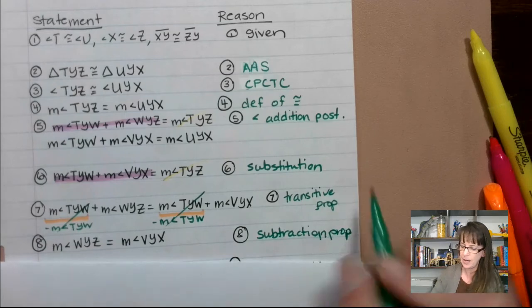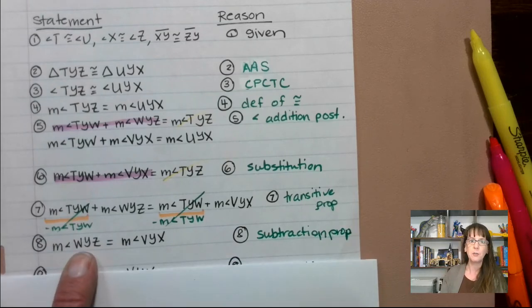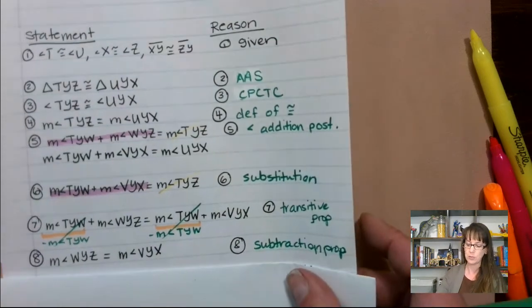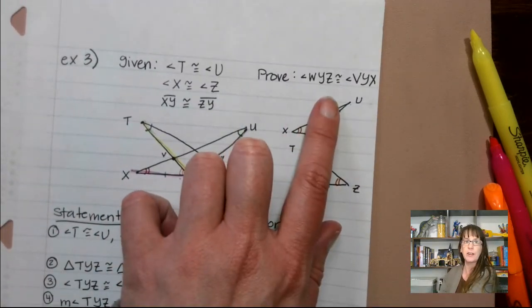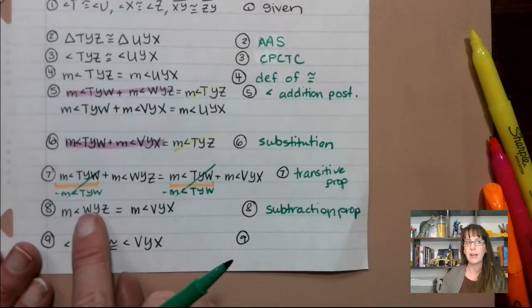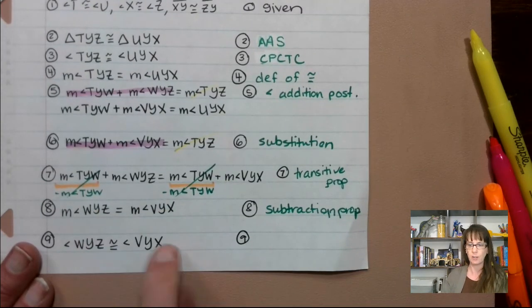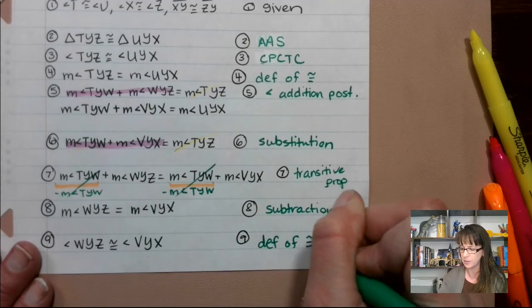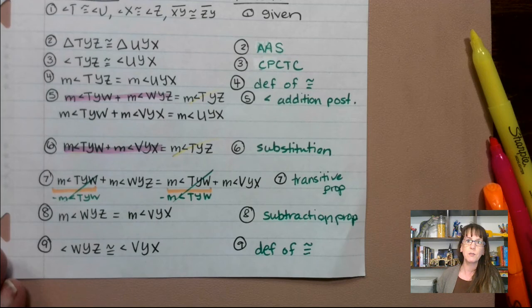Now what I've said is the measure of angle WYZ and the measure of angle VYX are equal to each other. But remember, I'm trying to prove that they are congruent. So instead I'm going to say, because the measures are equal, then they're congruent. Again, that's the definition of congruence.